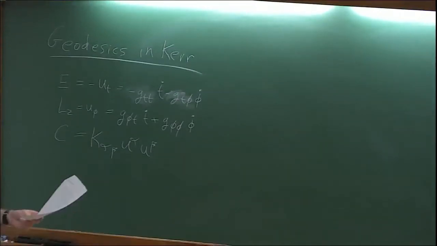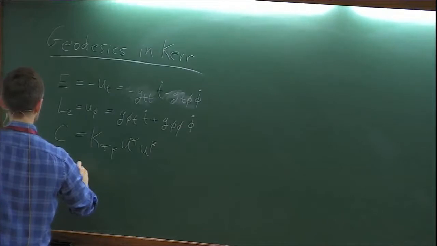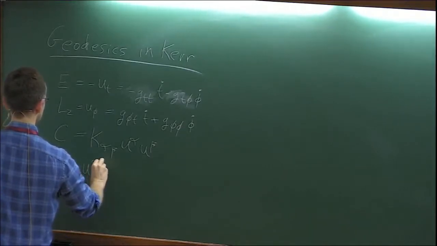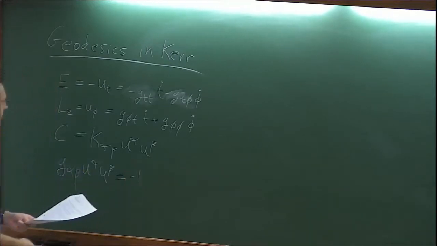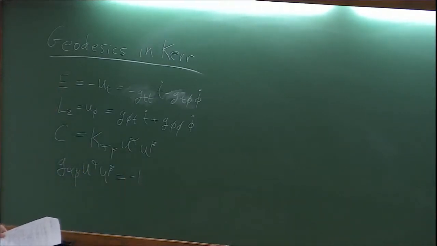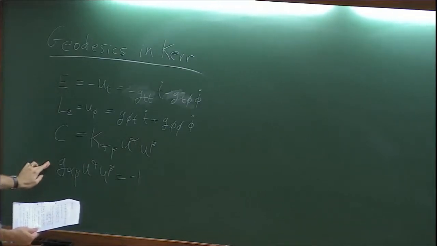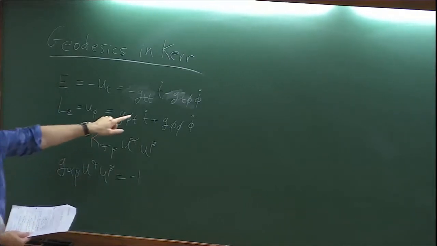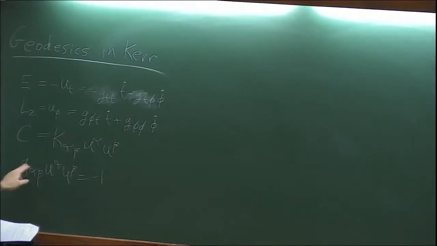And just like in Schwarzschild, we also have the conserved length, g alpha beta u alpha u beta equals -1. So just like in Schwarzschild, we can now use these equations to solve for t dot, r dot, theta dot, and phi dot.